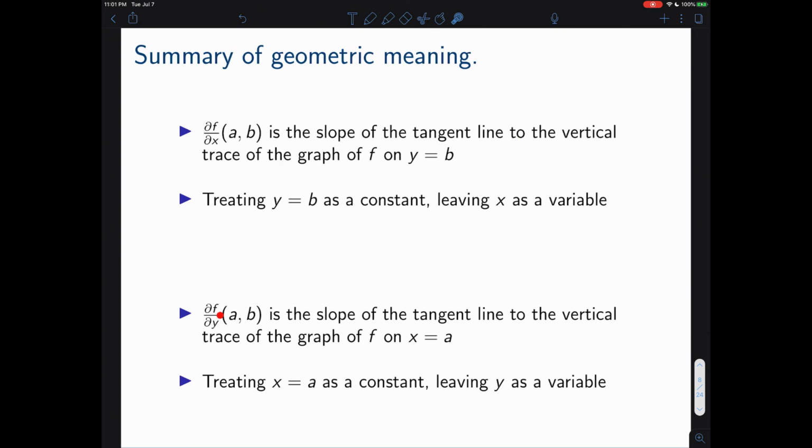The partial derivative of f with respect to y at a point (a, b) is the slope of the tangent line to the vertical trace of the graph of f when you set x equal to a. So in this case, for the partial derivative of f with respect to y, we're leaving y as a variable, but we're treating x equals a as a constant. Coming up next, we'll see how to use derivative rules to find these partial derivatives.